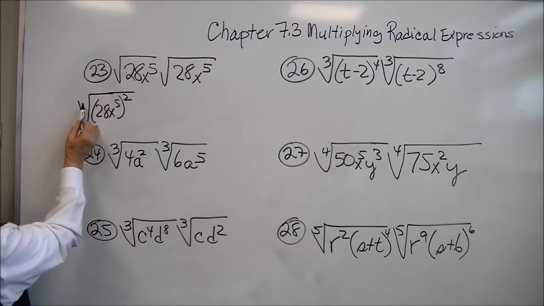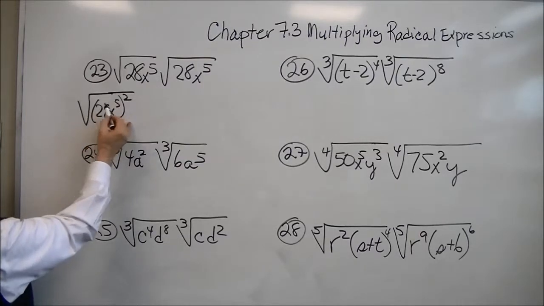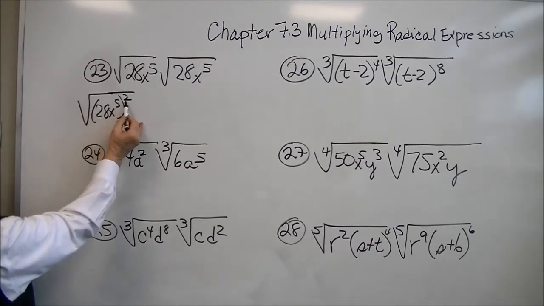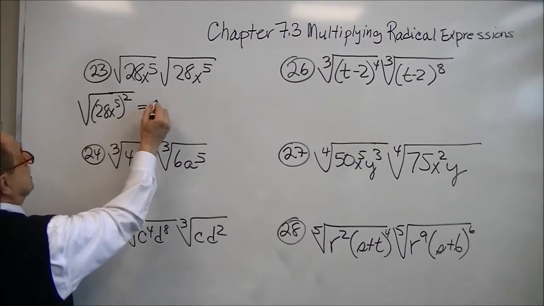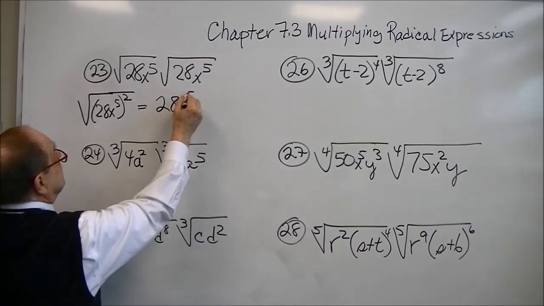And since there's a 2 there, take away the radical sign, put the index number underneath this exponent. 2 over 2 is 1. This just becomes 28x to the 5th.